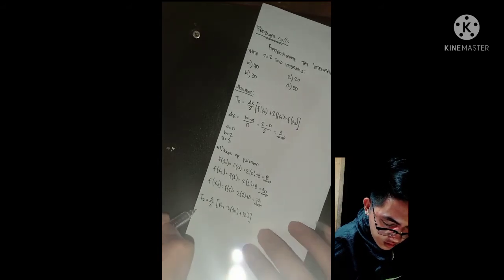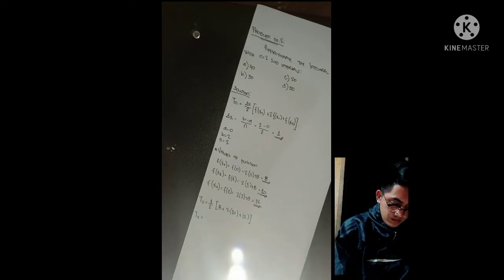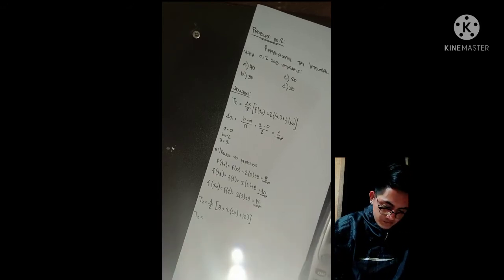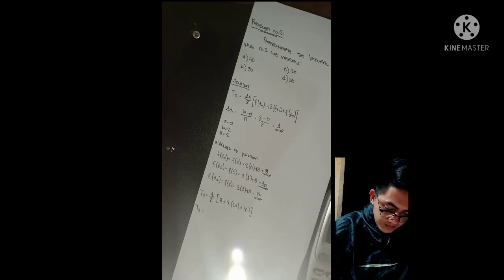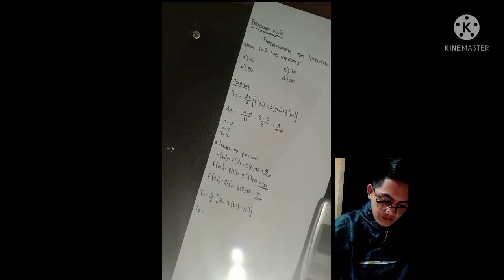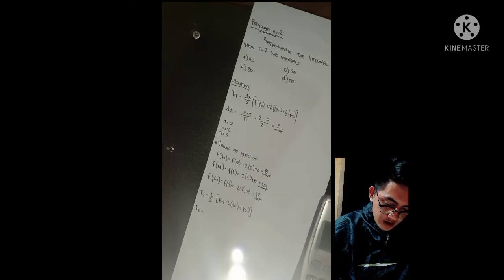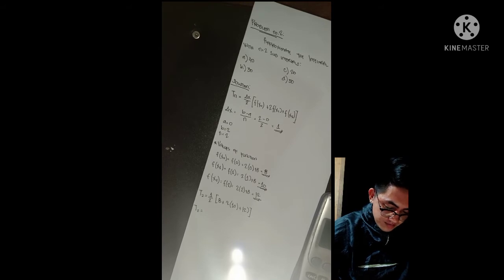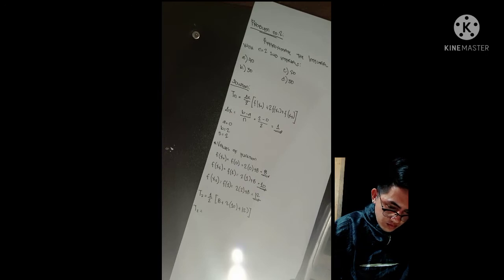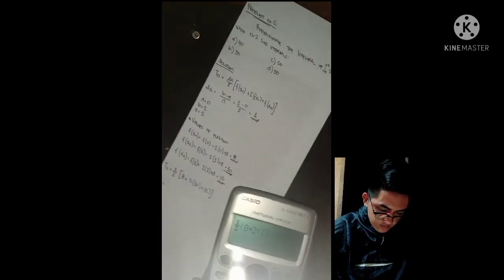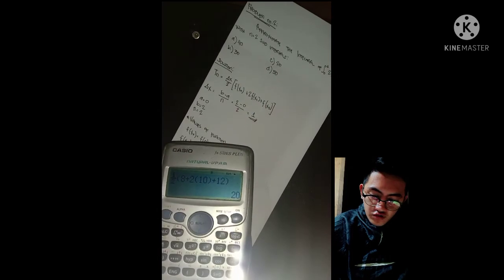So for our T2, 1/2 times 8 plus 2 times 10 plus 12, we have a value of 20.